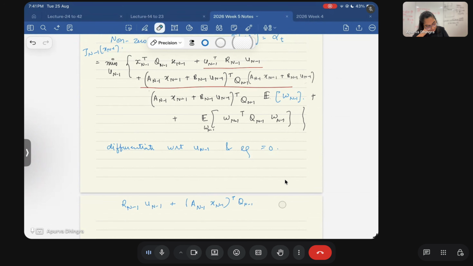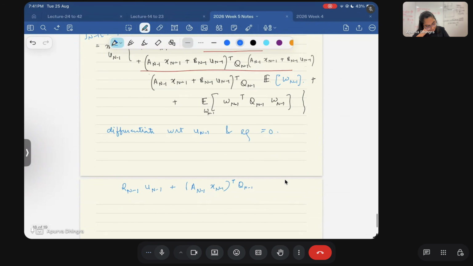This u went away. Okay, there is one more term. This is the term that's coming because of this. This is Bn minus 1 transpose.